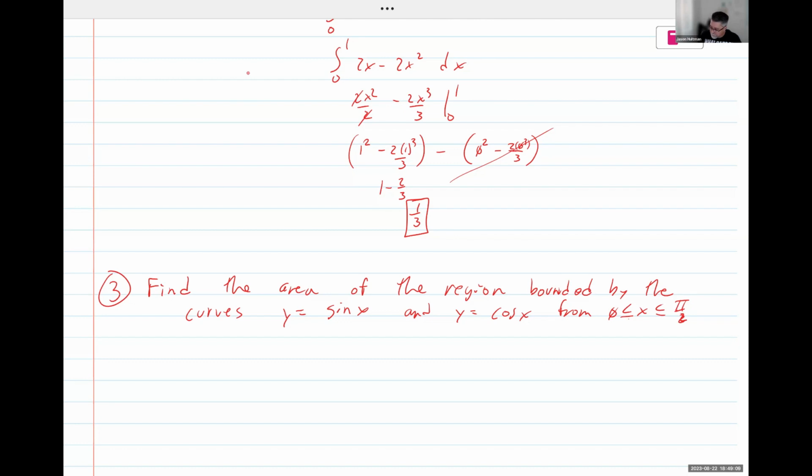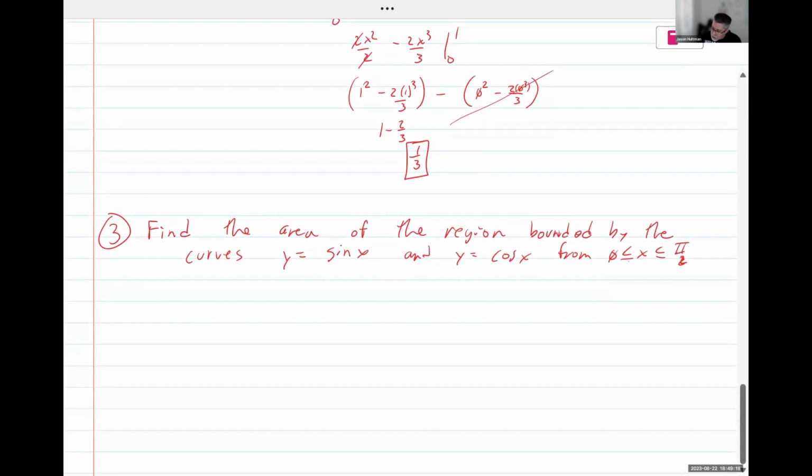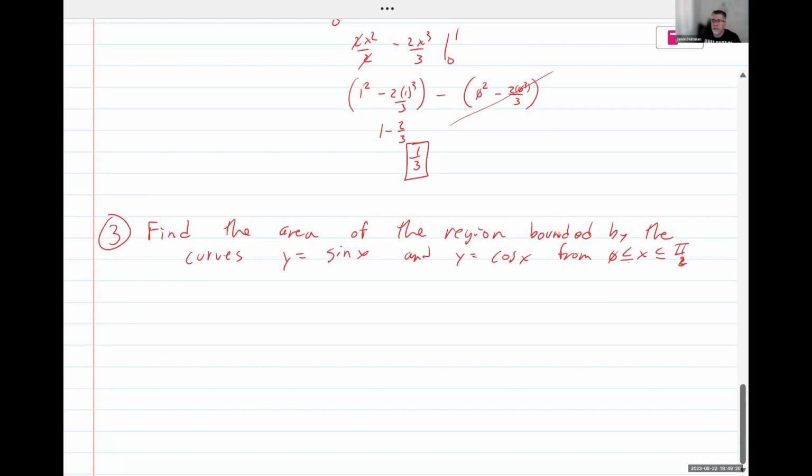So what's the problem with 0 to pi over 2? If I were to test a value, let's think about Kahn's suggestion here.